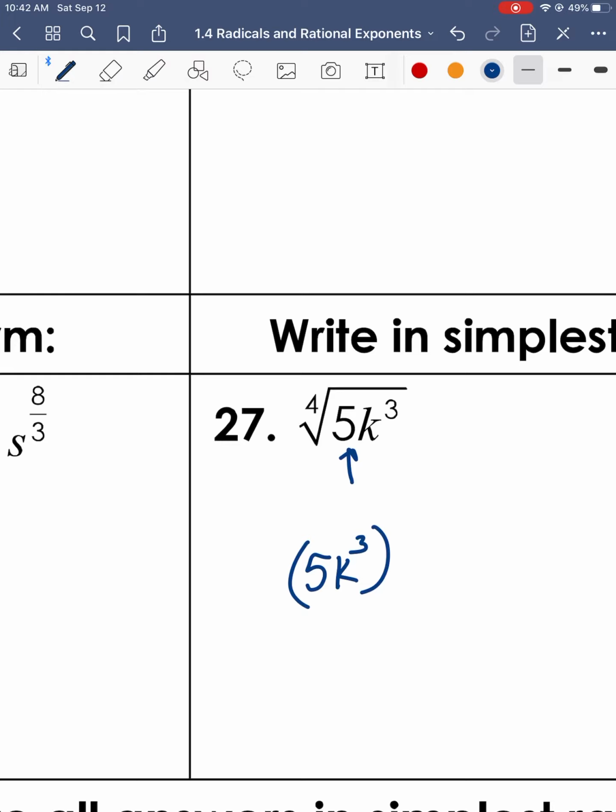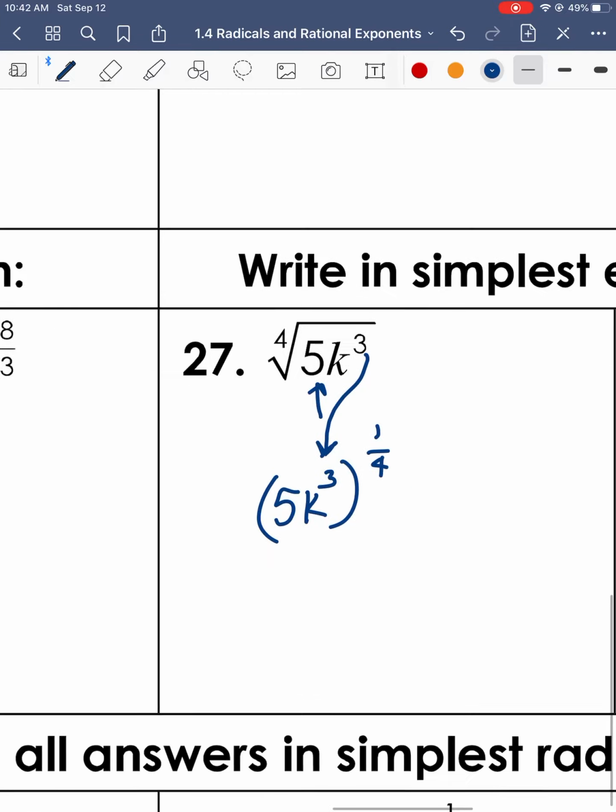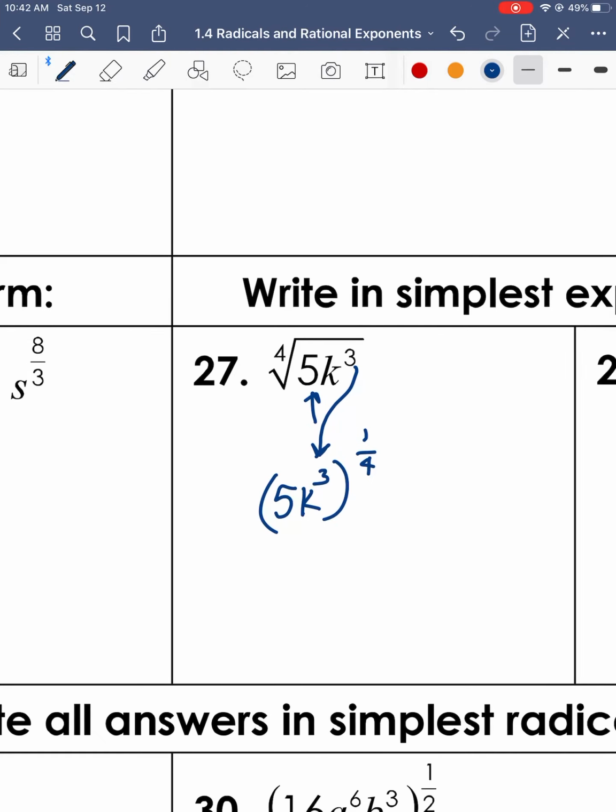The root here is 4, so that is going to be the denominator. And we're going to put 1 as the numerator because we kept this exponent here, the 3. Okay, so knowing what we know about powers of exponents, this 1/4 is actually going to the 5, and then it will be going to the 3.